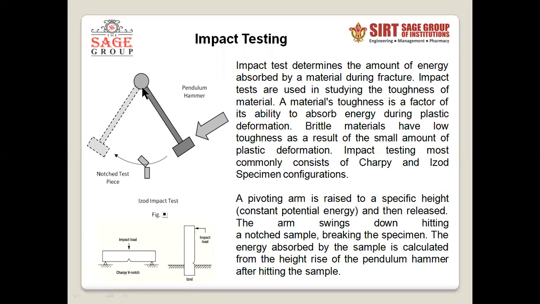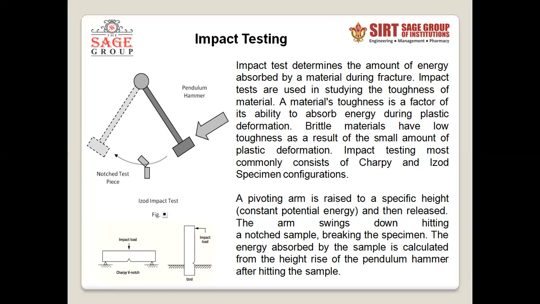See, when the pendulum is raised to a certain height, it possesses potential energy, and when it drops suddenly, its potential energy is converted into kinetic energy, and it strikes the sample during its motion. So some amount of energy is absorbed by the material, and that amount can be easily calculated: the amount of energy that the material absorbs before breaking. So that gives the idea of the toughness, or impact energy, or the material's impact strength.